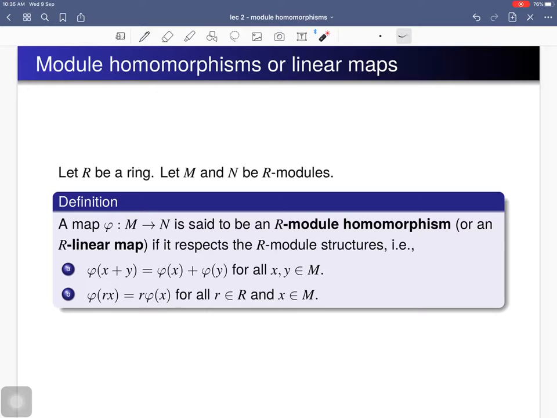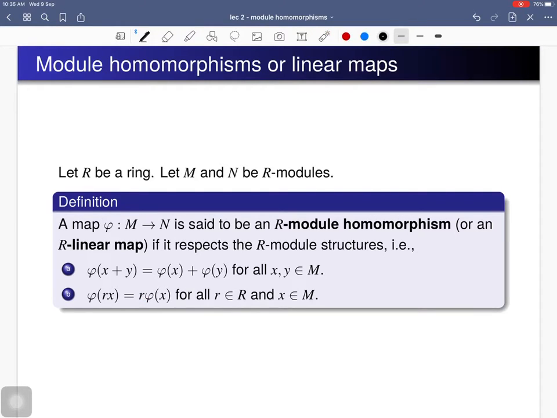This sum is happening inside M and this sum is happening inside N, and the same thing holds true for scalar multiplication as well. So it preserves scalar multiplication. You take r times x and apply phi, and that is the same as r times phi of x. This scalar multiplication is happening inside M and this one is happening inside N.